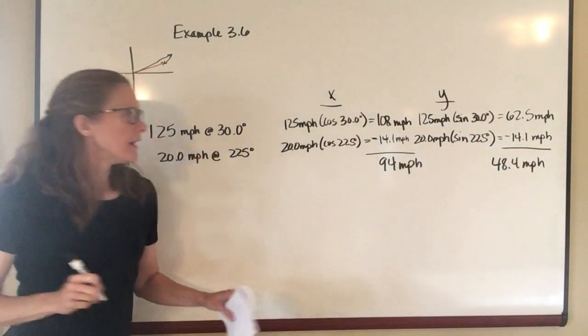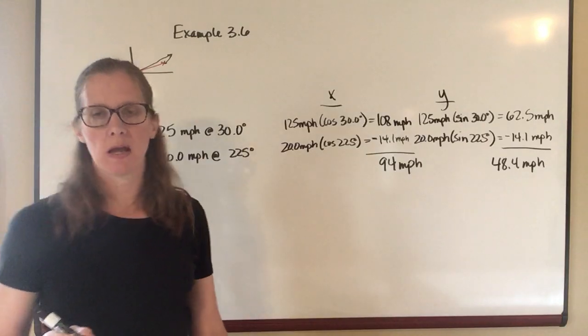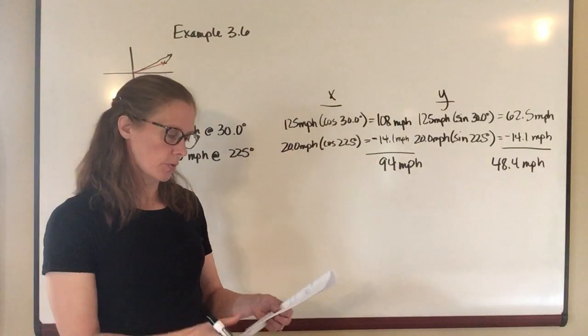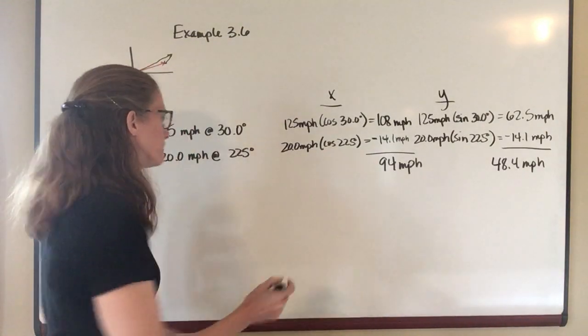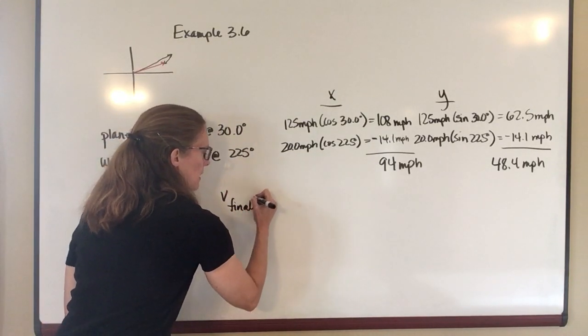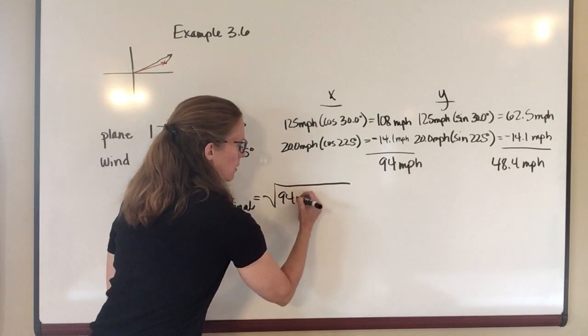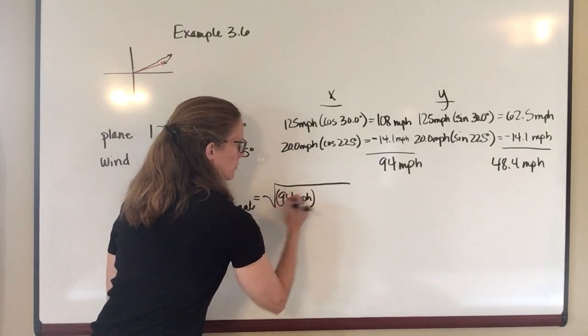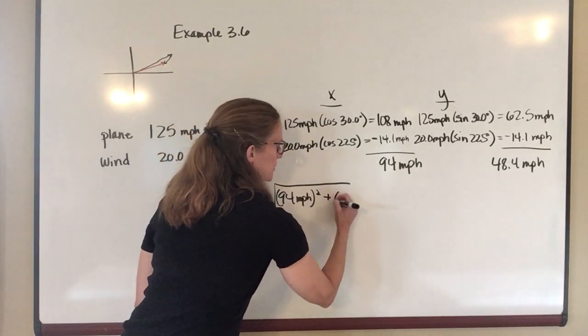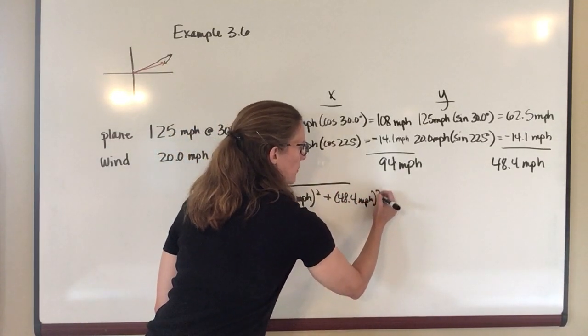Okay, now that I have the x and y components, I can calculate the magnitude and the final angle for the direction. So the final velocity is going to be the square root of 94 miles per hour, the quantity squared, plus 48.4 miles per hour, that quantity squared.